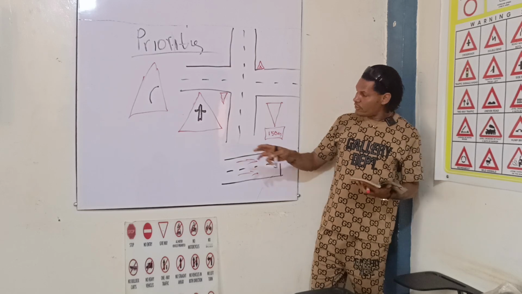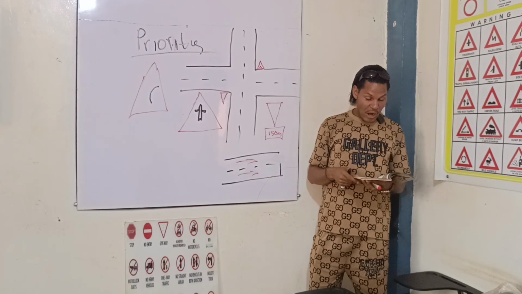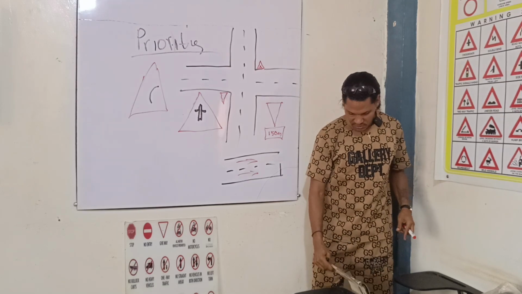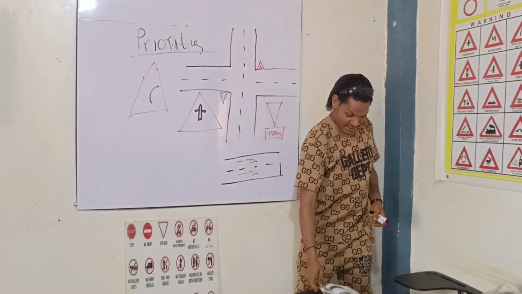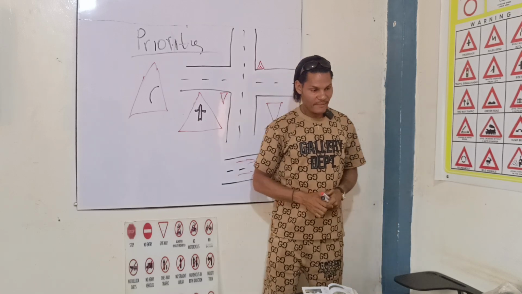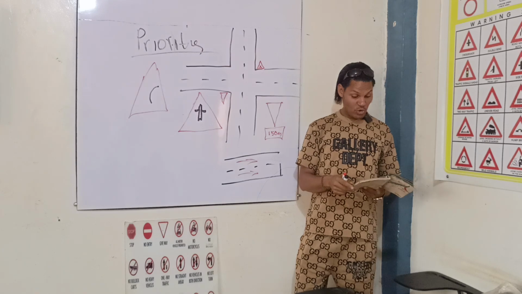That's what we're talking about, priority at the junction. Now, we have priority roads. We saw this somewhere with Mr. Kevin. You remember this, the big yellow one? This one is very interesting. You hardly see it, but it is found in so many places.